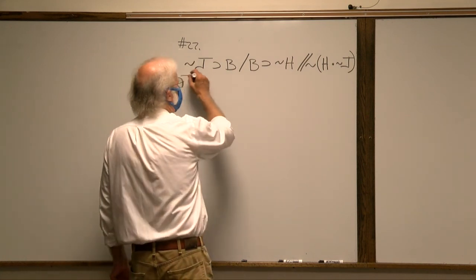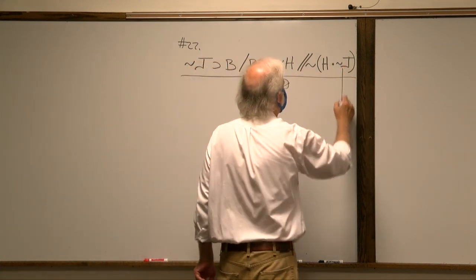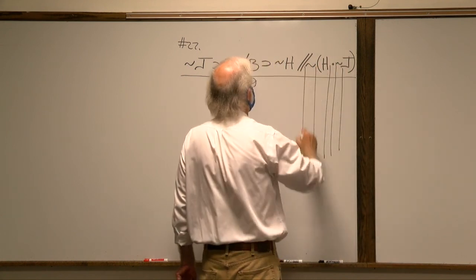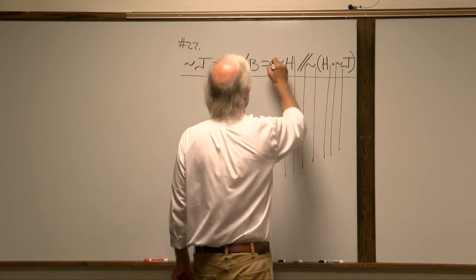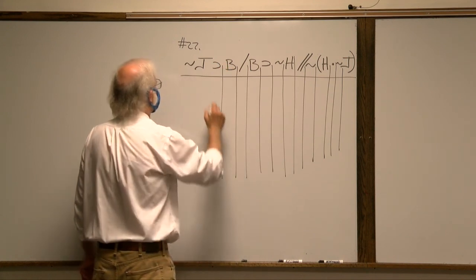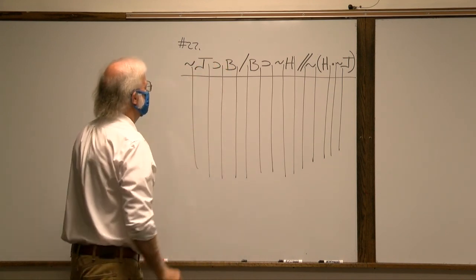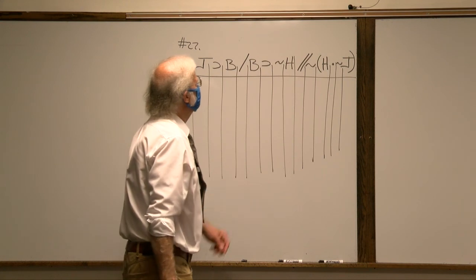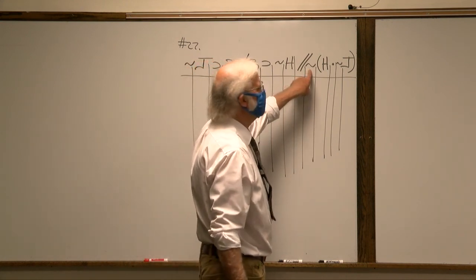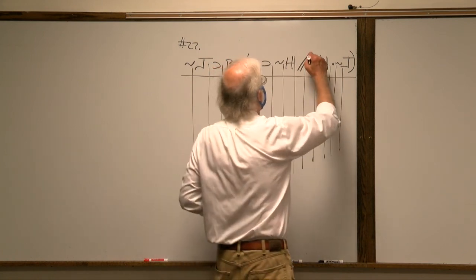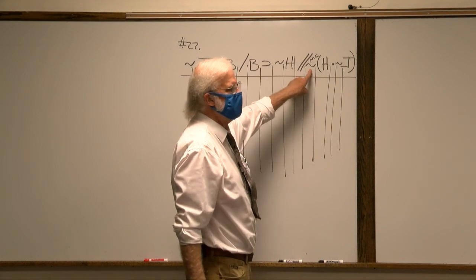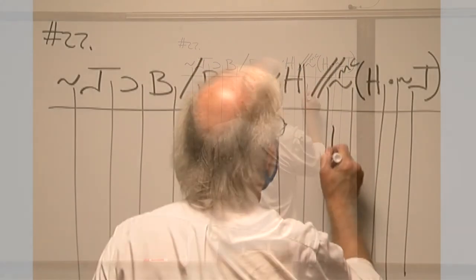This is going to have a fair amount of columns. How many rows will it need? Let's look at the nature of the conclusion. The conclusion has as its main connective this tilde. We need that main connective to be false.